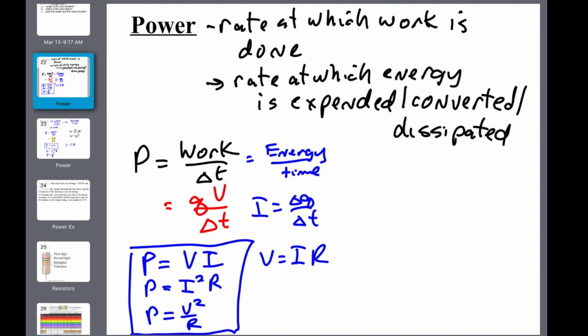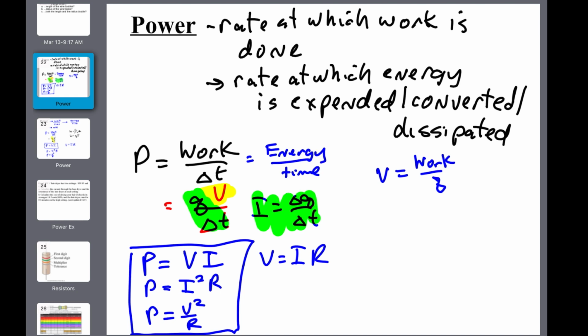For work or energy, we can use our definition equation for voltage, which was V is equal to work over charge. Solving for work, power is Q times V divided by delta T. The ratio of Q over delta T that shows up is electric current.